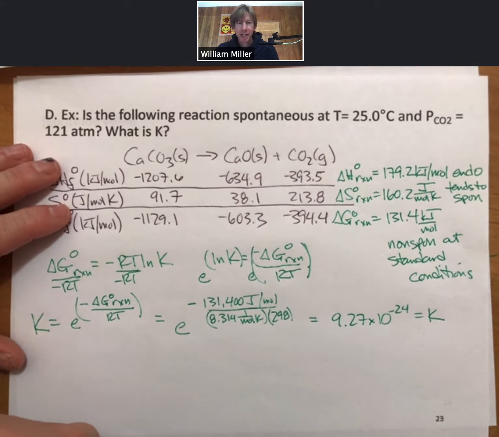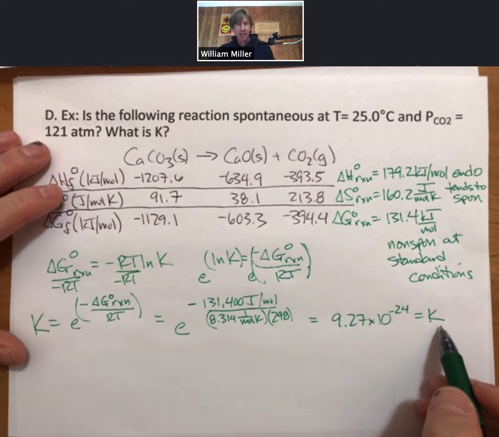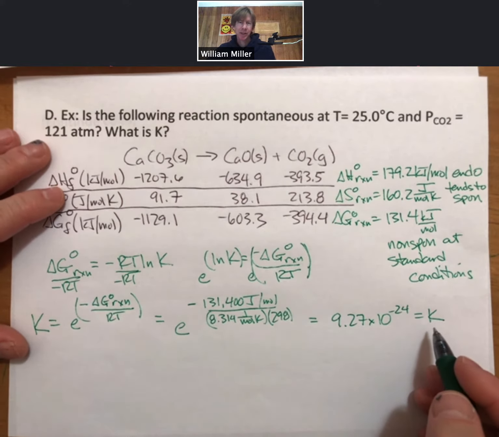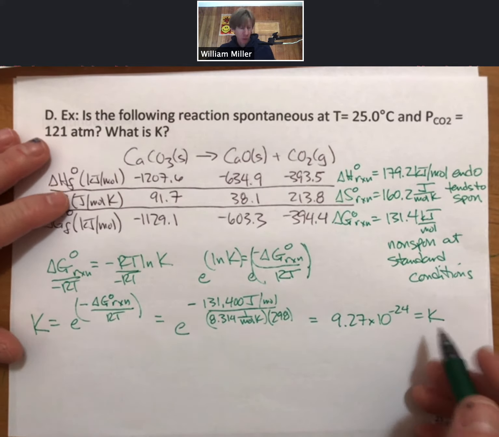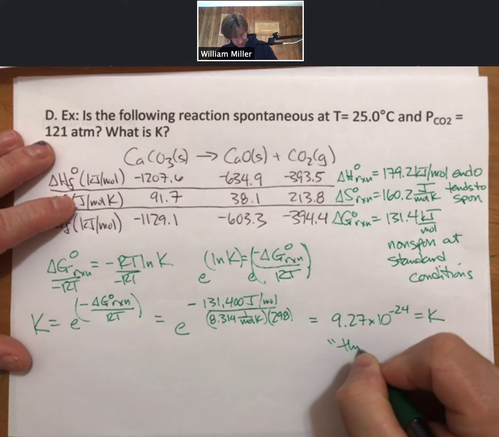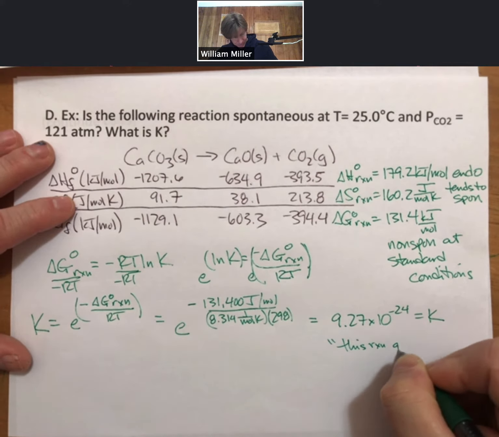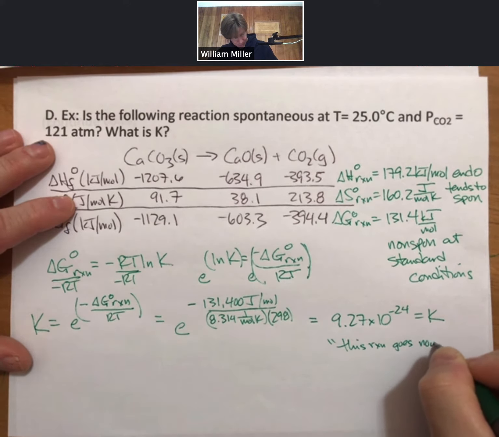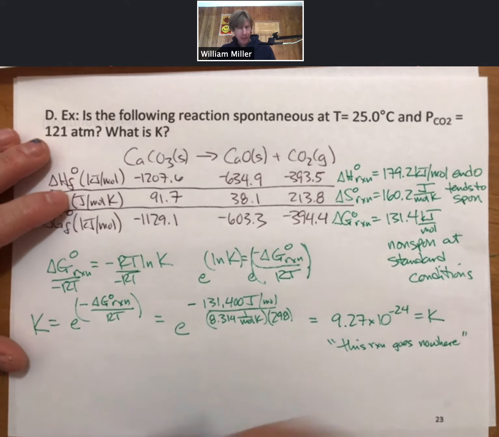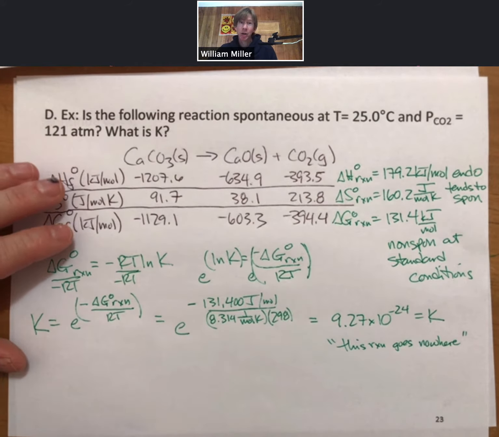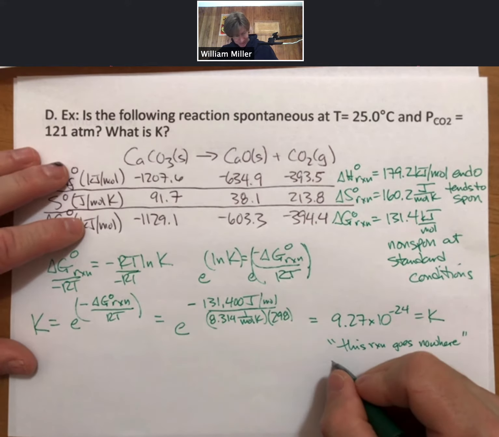Okay, under standard conditions with a K value like that, we would say this reaction goes nowhere, or equilibrium favors reactants.